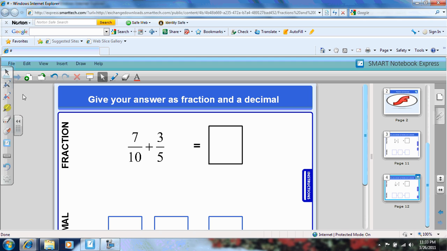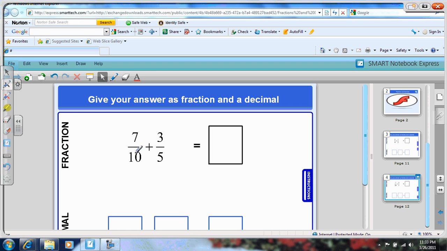We have one other example. 7/10 plus 3/5. Remember what I said. If we're trying to find the fraction and the decimal, let's just make our new fraction have a denominator of 100. You're going to do this for both sides.